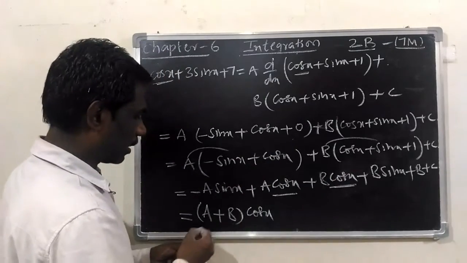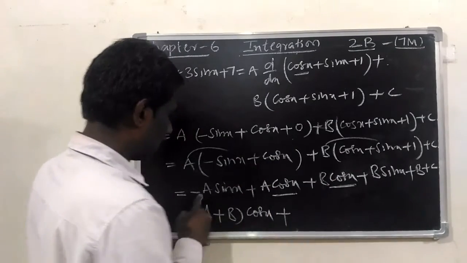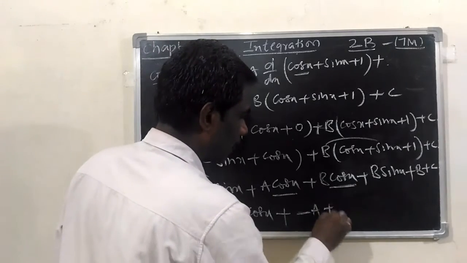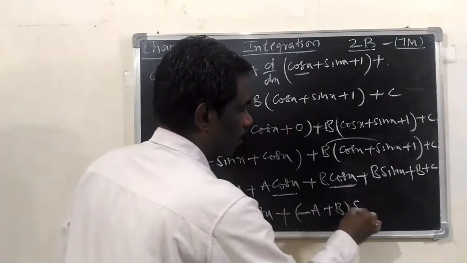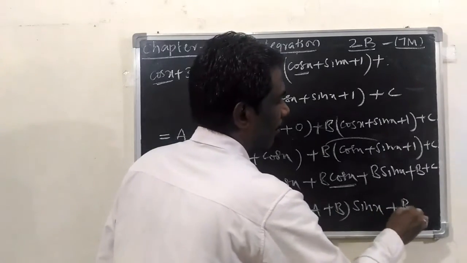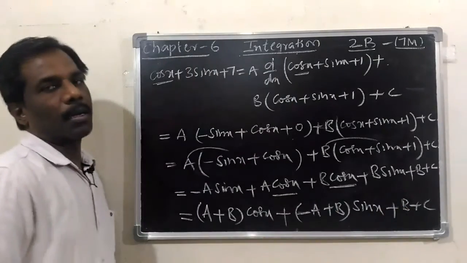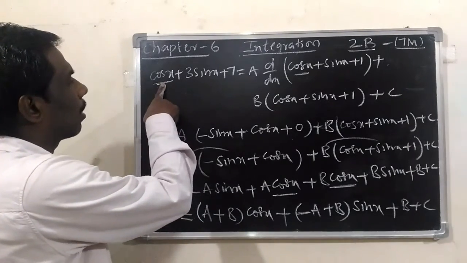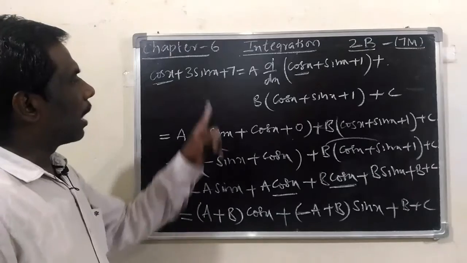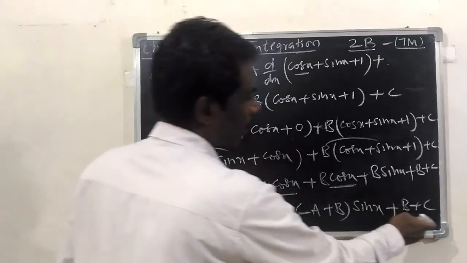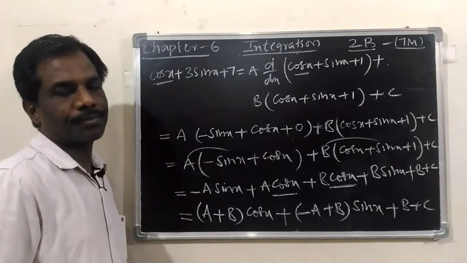Then the sin terms: (minus a plus b) sin x, then b plus c. After this, we equate the cos x terms with cos x, the sin x terms with sin x, and the constant b plus c with 7.